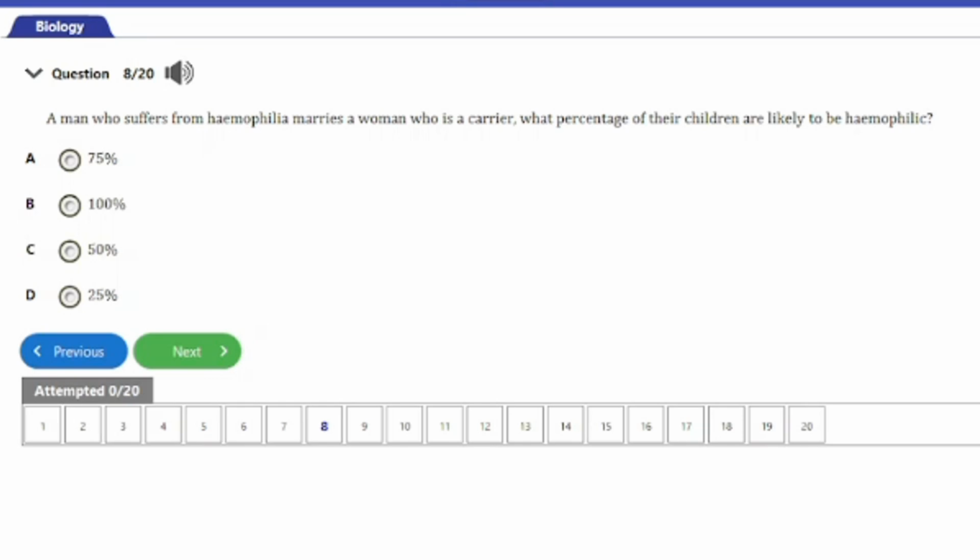So this is just like where you are matching a carrier with another carrier. So in this situation, you consider the fact that since hemophilia is a sex-linked character, for the man to actually be hemophilic, he has to obtain the character in his X chromosome, whereas for the female it has to be in both X chromosomes, that's the XX.